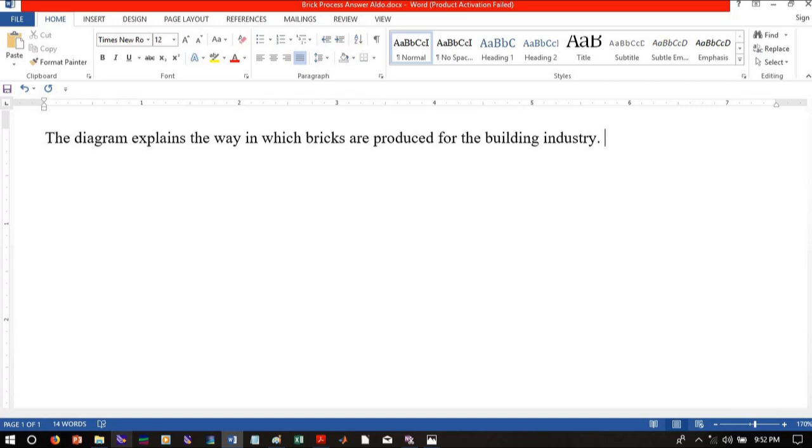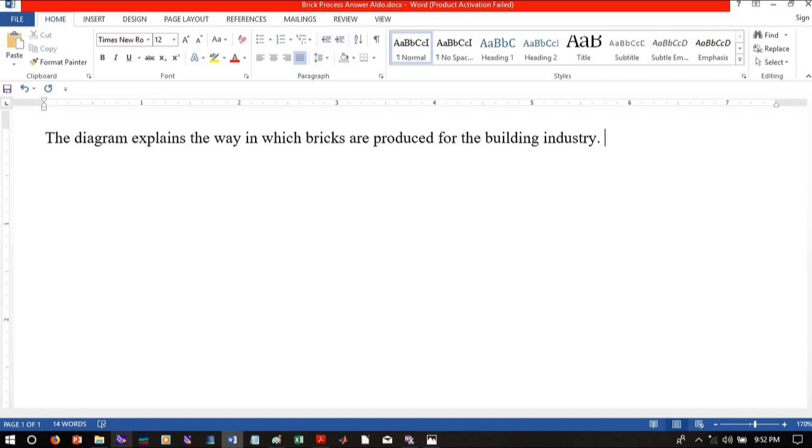And after that we need to give the overall statement, the single sentence that can summarize all the things that we are going to explain, especially the process of making the bricks.